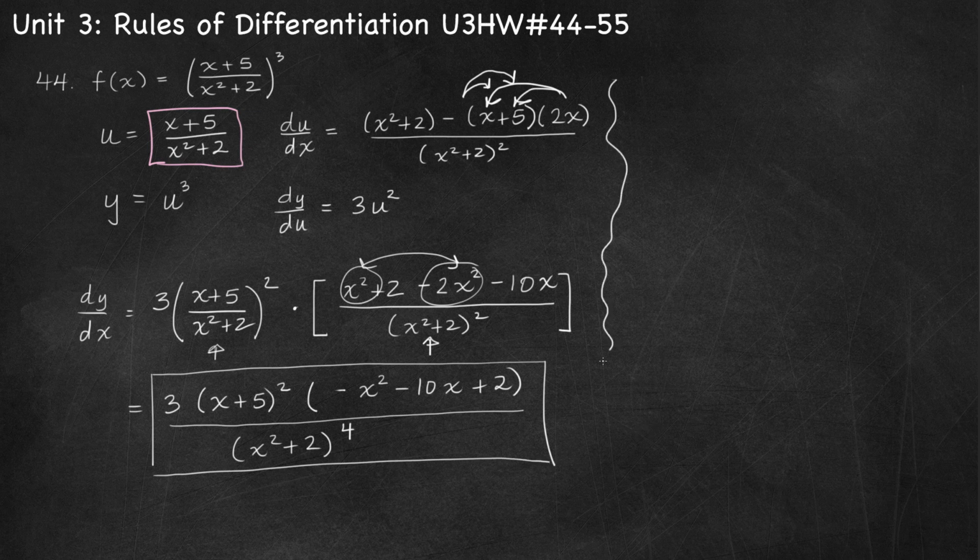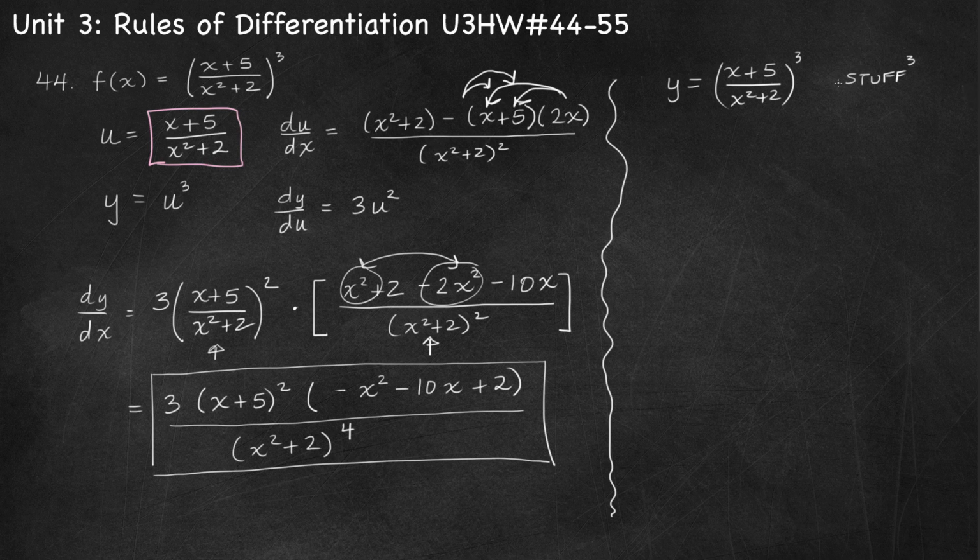Now I'm going to show you the mental math way to do this same problem if you don't want to go through the steps of writing out what u equals and what y equals and then what each of their derivatives equal. So I'm thinking of my original function, y equals x plus 5 over x squared plus 2 cubed, as stuff cubed.